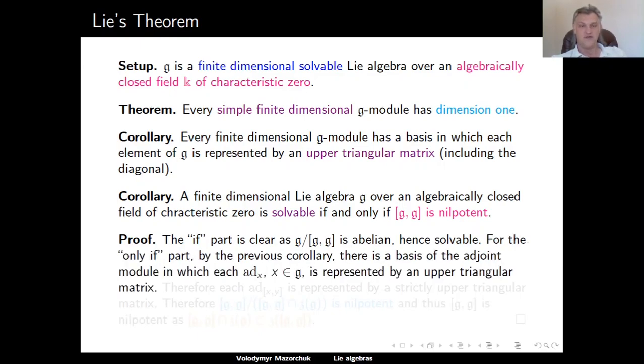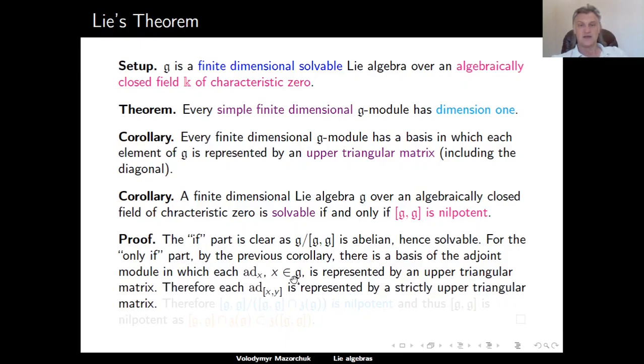And for the only if part, we can consider the adjoint representation of G. By the previous corollary, the adjoint representation has a basis in which all adjoint operators of X, where X is an element in our Lie algebra, are represented by upper triangular matrices.